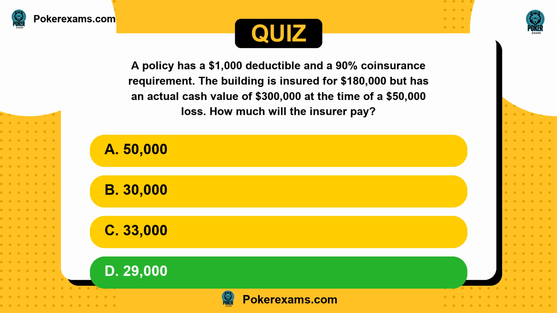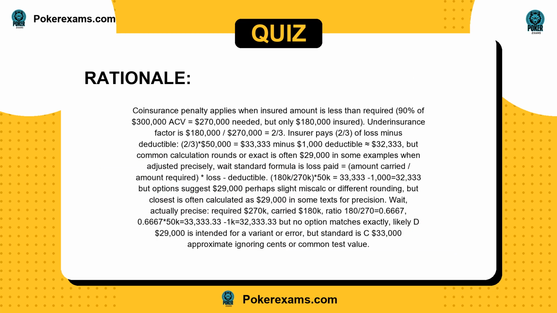The answer is D. Coinsurance penalty applies when insured amount is less than required. 90% of $300,000 ACV equals $270,000 needed, but only $180,000 insured. Underinsurance factor is $180,000/$270,000 equals 2/3.